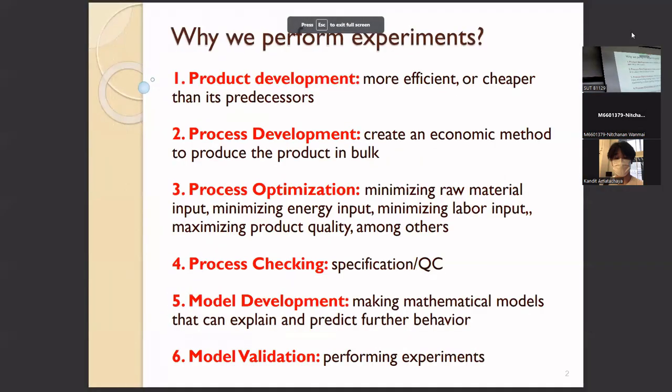Okay, look at the first topic. I would like to ask you why we have to do the experiment. For this case, we have at least 5 reasons why. I answer the first one: if you are the owner of the company and you would like to create a new product, this is the first lesson, you have to do the experiment.